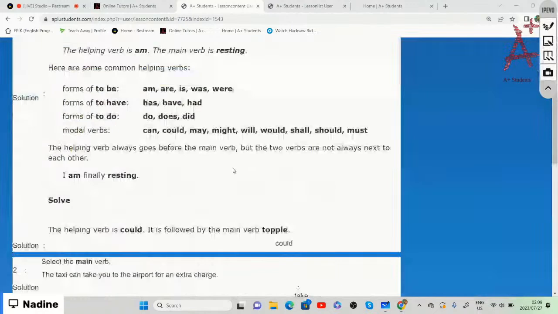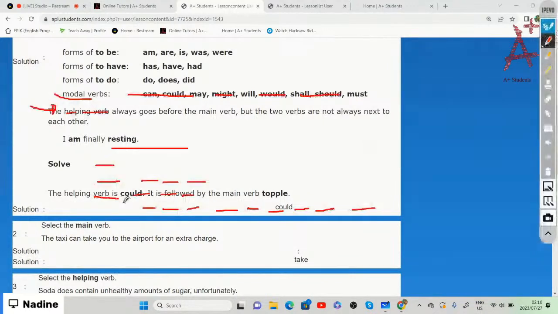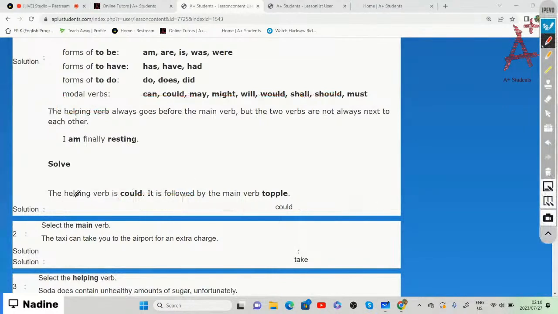All right, so if we now choose the helping verb within the sentence, then we would say the helping verb is could. So the helping verb is could, followed by the main verb, which is topple.